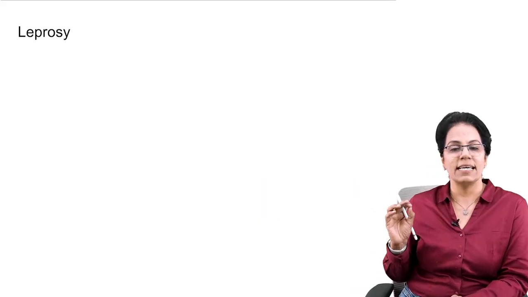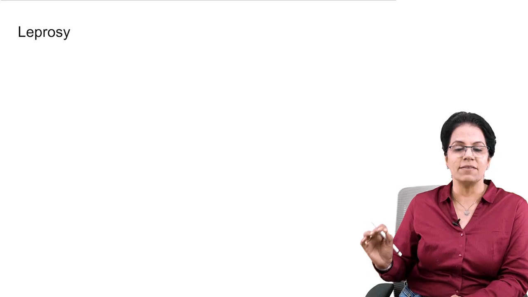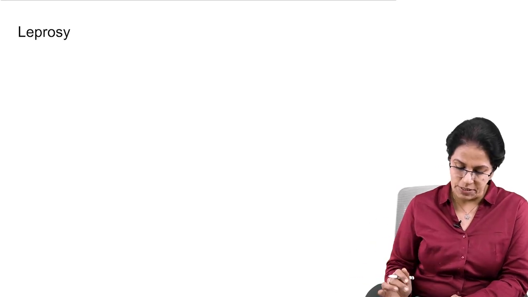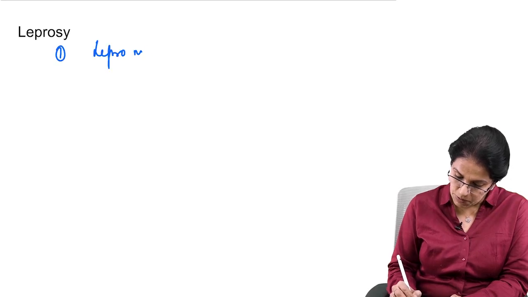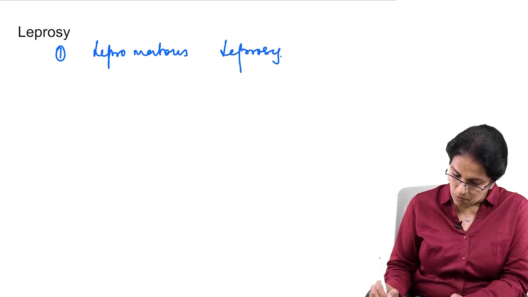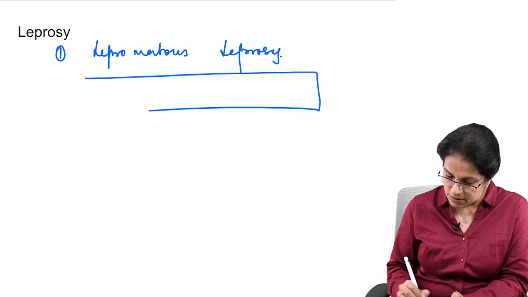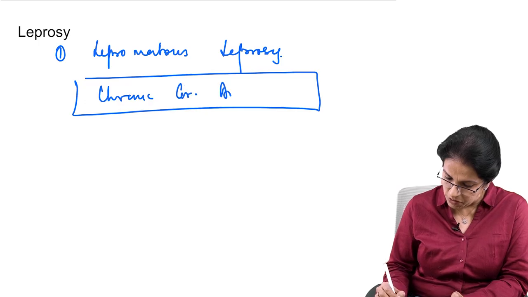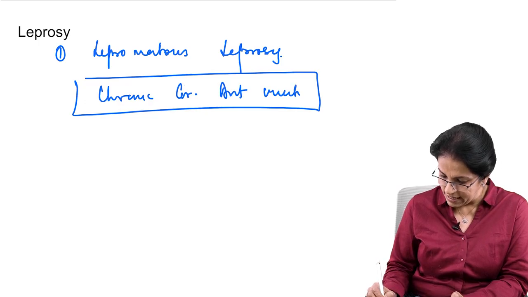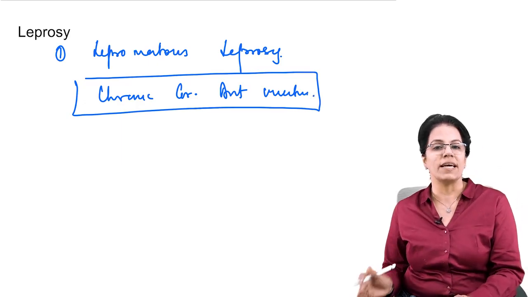Okay, so the next is leprosy. This bacterial infection that we will learn is leprosy. First point in leprosy is that it is the lepromatous leprosy which is associated with uveitis. What type of uveitis? It is causing chronic granulomatous anterior uveitis.